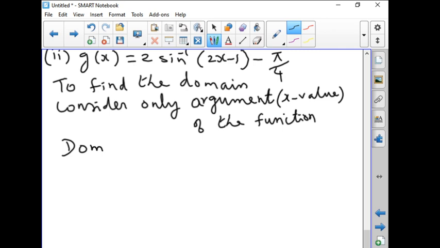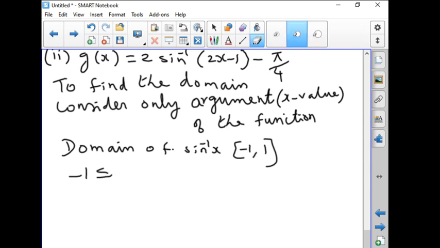Domain of sin inverse of x is minus 1 comma 1. So what do we write? Minus 1 less than or equal to 2x minus 1 less than or equal to 1.